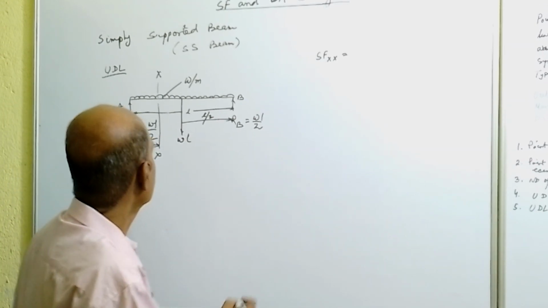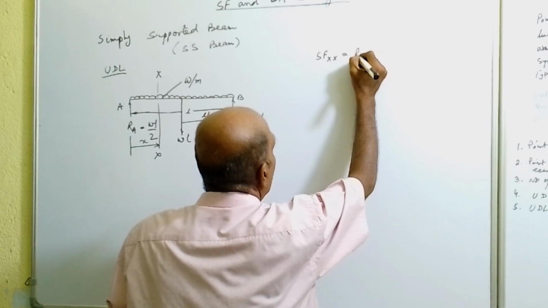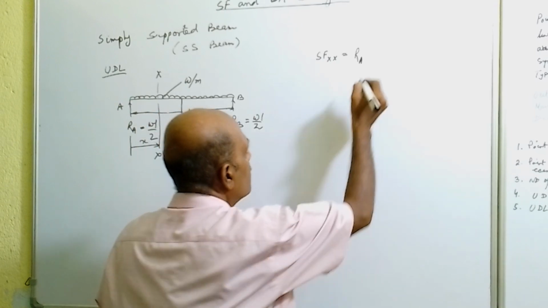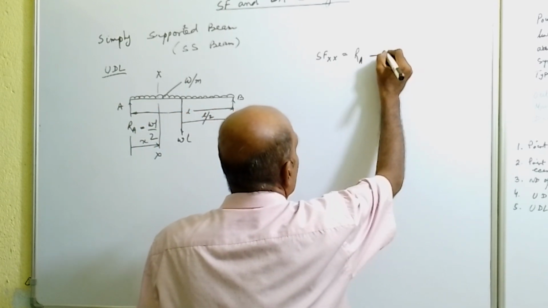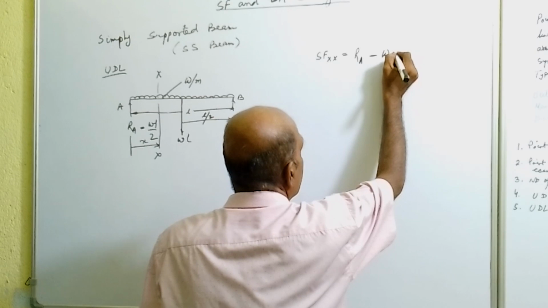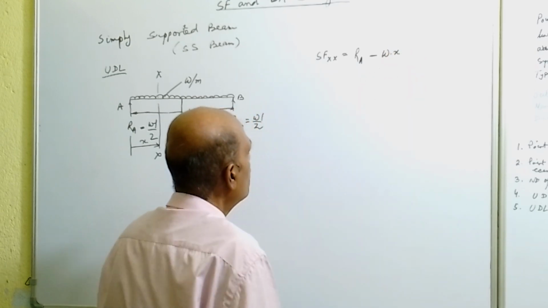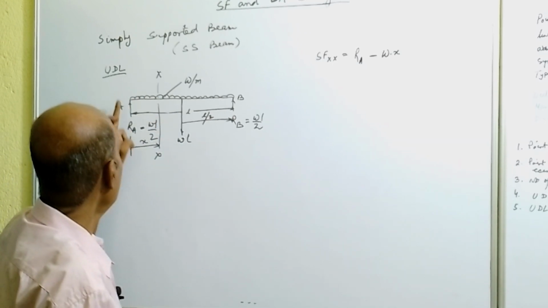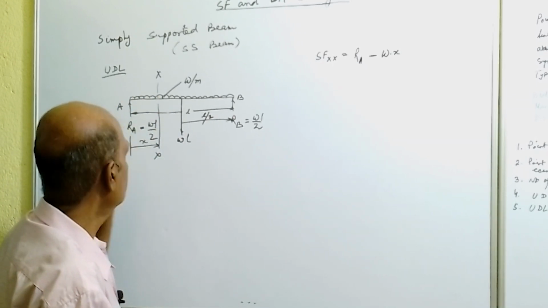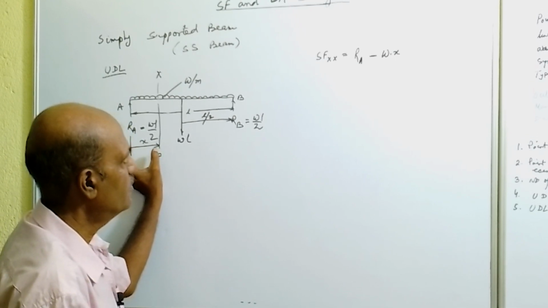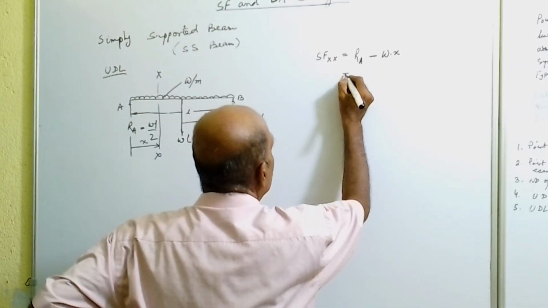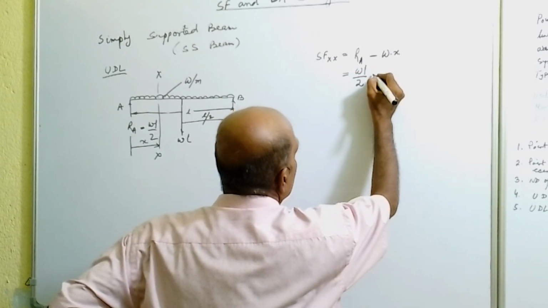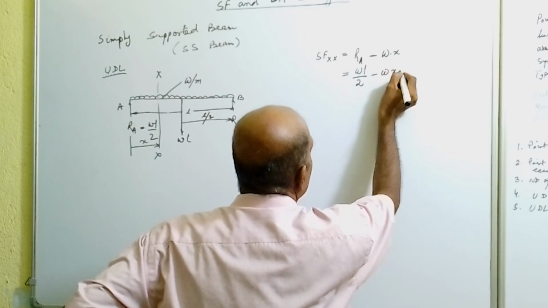So shear force at XX is equal to RA, vertically upward direction positive, minus W per unit length for X length, that is the total load acting in downward direction in this section. So RA minus W into X, because we have considered this length is X. What is RA value? WL by 2, we have got this value, minus W into X.